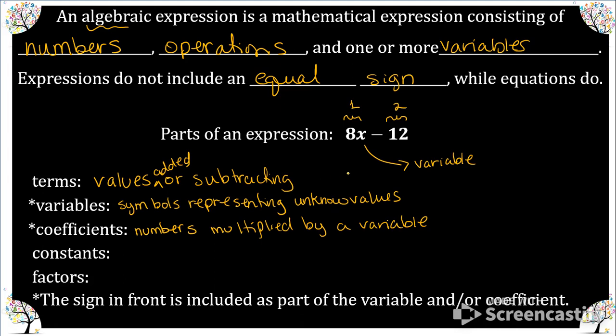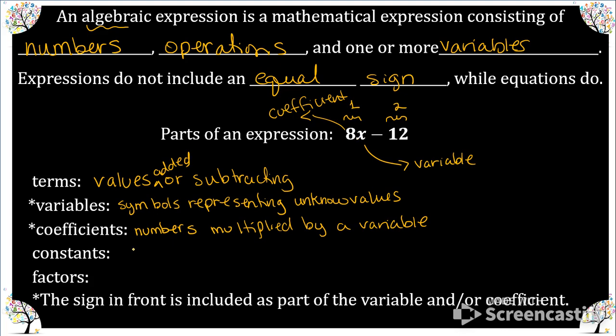In our example, 8 is our coefficient. It coexists with the x, 8 times x, and typically the coefficient is always in front of the variable.